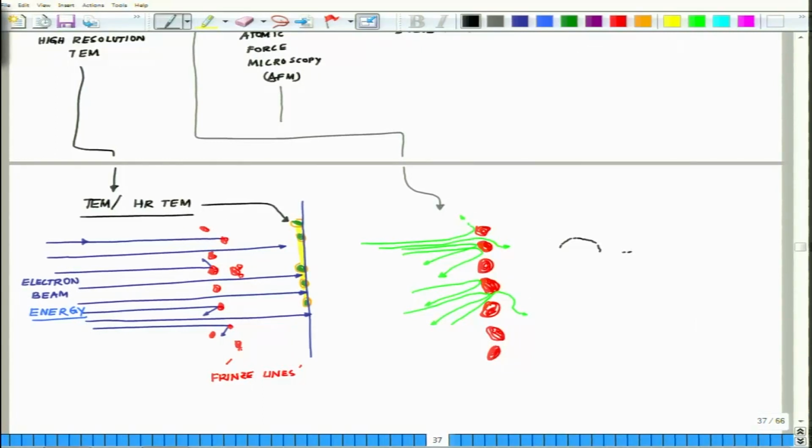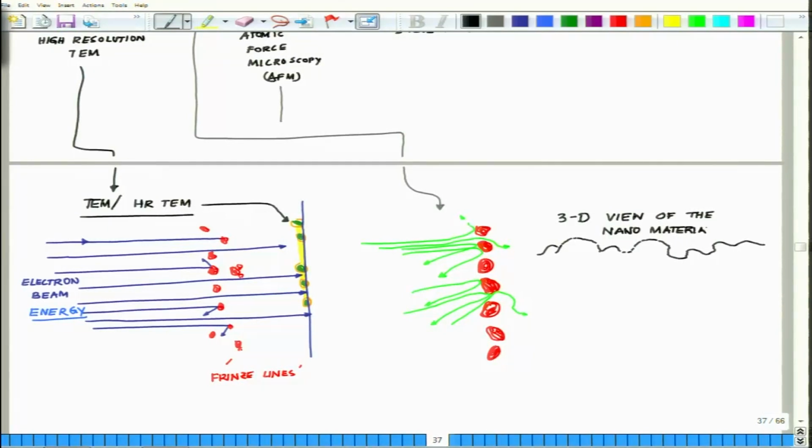So in the black I am doing the three-dimensional view of the substrate or the nanomaterial. So what you are going to get in a picture will be a much more three-dimensional view of the concerned nanomaterial.